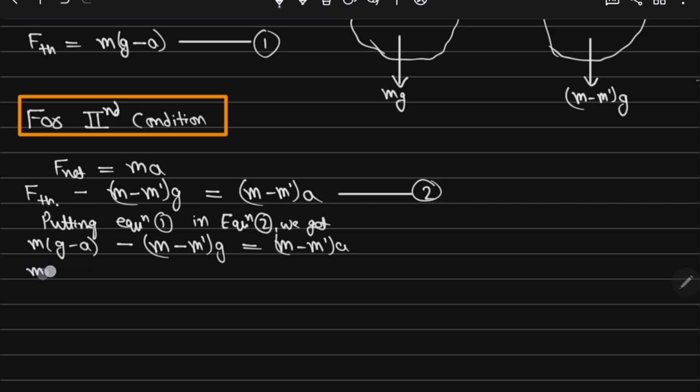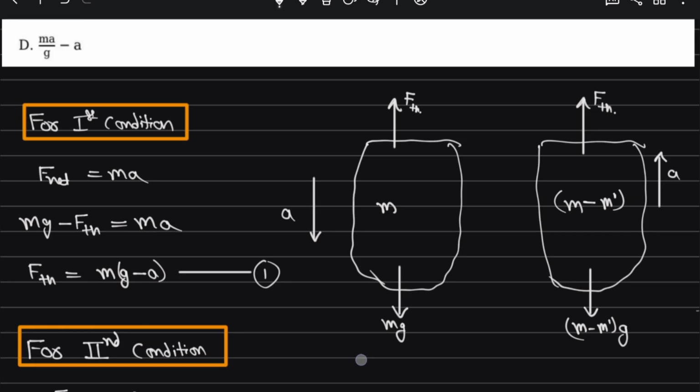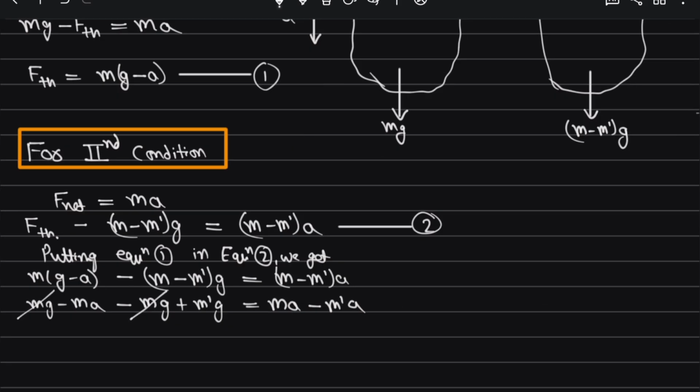So here if I multiply mg minus ma, here if I multiply mg plus m dash g, here if I multiply ma minus m dash a, mg is going to be cancelled, right? So here what you see is that we have to find m dash, right? M dash we have to find.